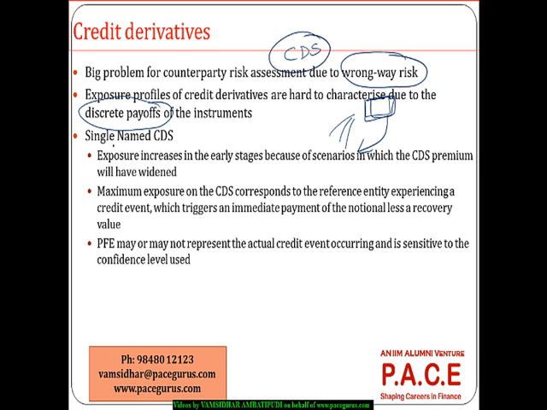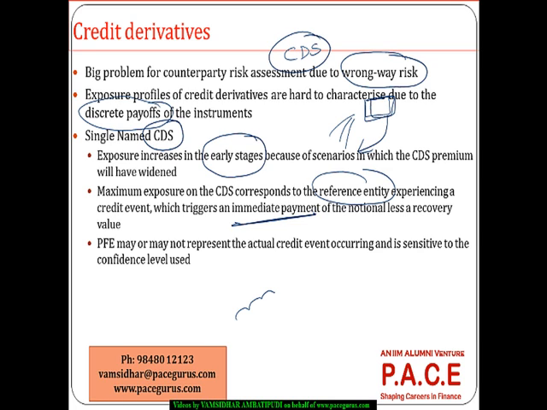So especially if you just look at a single named CDS, initially the exposure is much higher because I am keeping on paying the premium, but probably no settlement is happening. So CDS premium is getting wider and wider, and this is where the exposure is much higher in the earlier stages. But the maximum comes when the reference entity is actually experiencing a credit event, because I need to receive the benefit or the payoff from that party where the default has actually occurred, because I require an immediate payment.